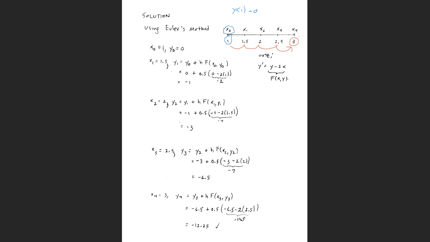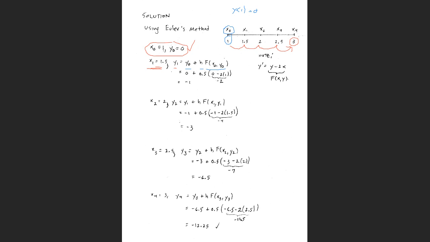And here's my initial x and initial y. And now, when x equals 1.5, I want to get the approximation of the solution y1 when x is 1.5. So by Euler's method, y1 is going to equal y naught plus h times f of x naught, y naught.